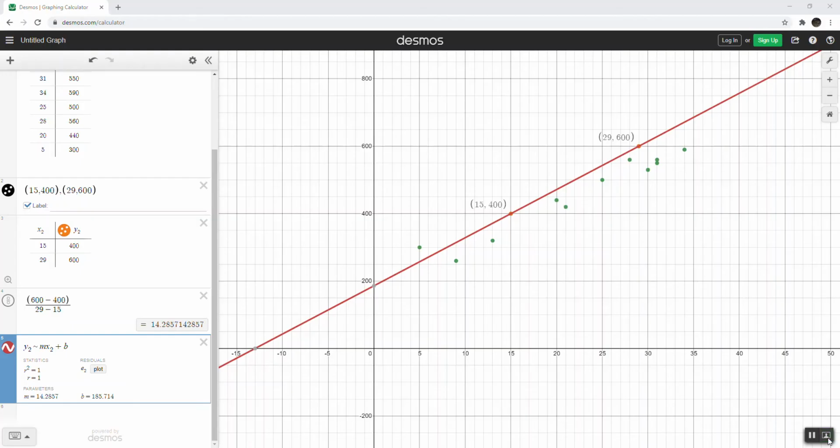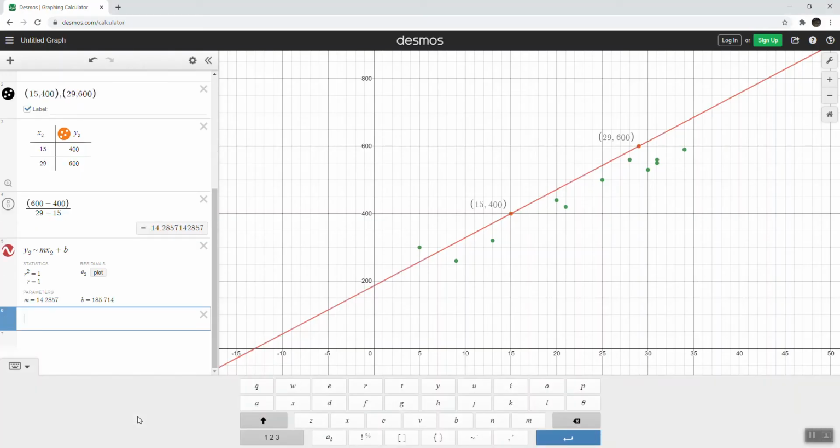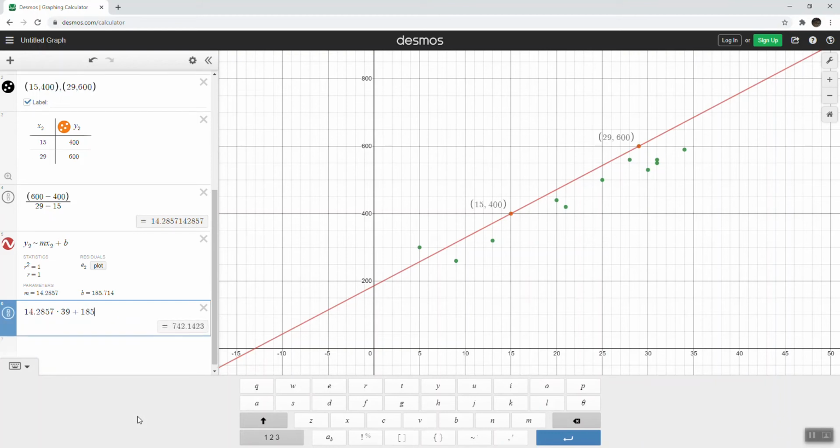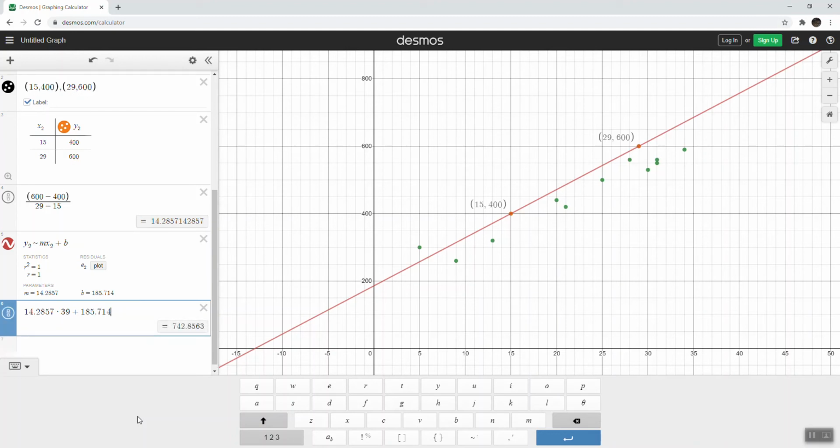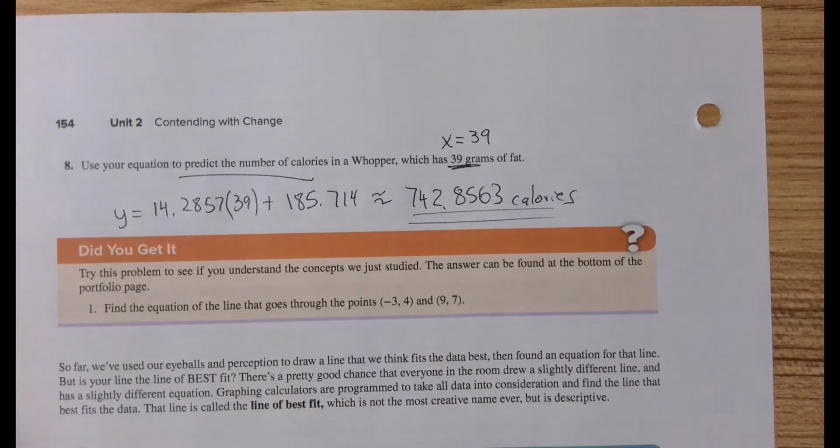So I'll switch over to Desmos real quick to just calculate that. 14.2857 times 39 plus 185.714, and our equation predicts there should be 742.8563 calories in that burger. That's our estimation. That's how our equation is predicting this value.